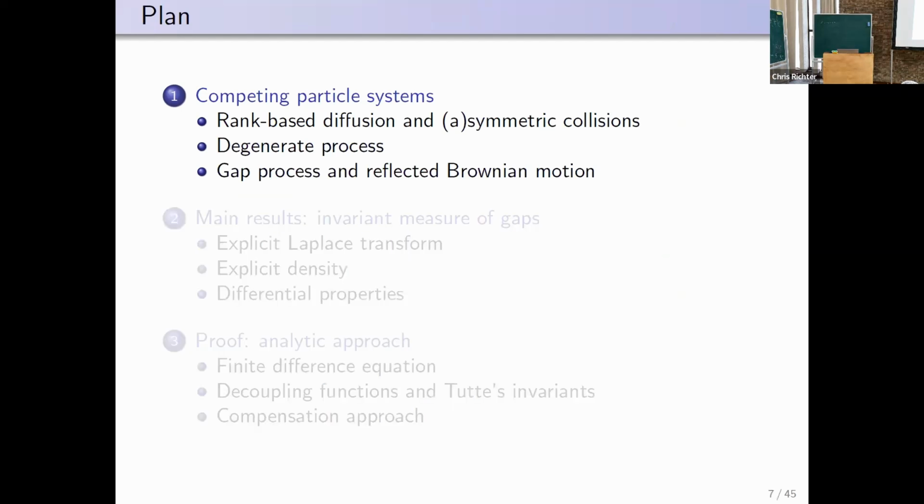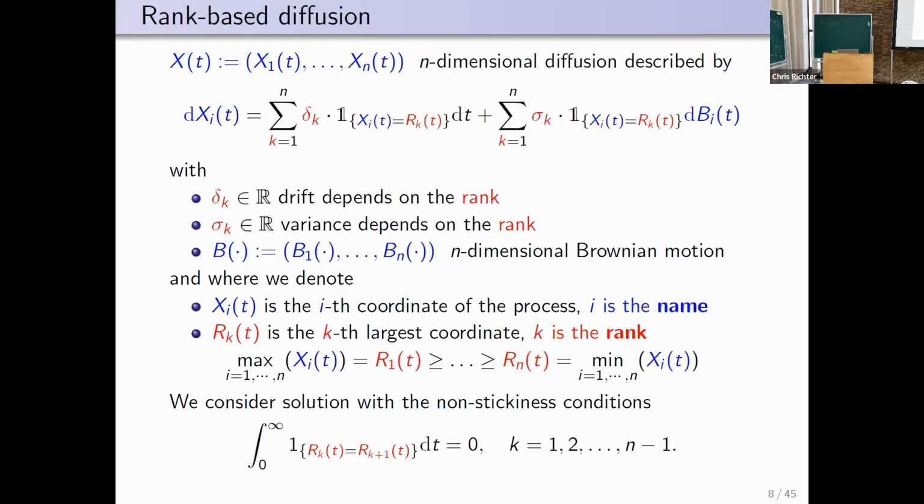So competing particle system, what is a rank-based diffusion and what are asymmetric collisions? I will say a bit on this slide for you to understand. So let's take X, a process, an n-dimensional diffusion, described by this equation. Delta k is a drift, and sigma k is a variance.